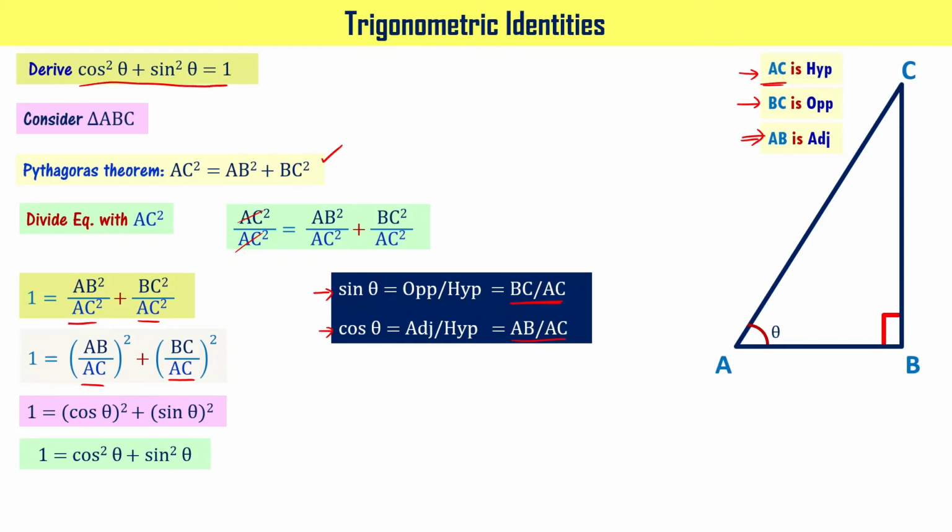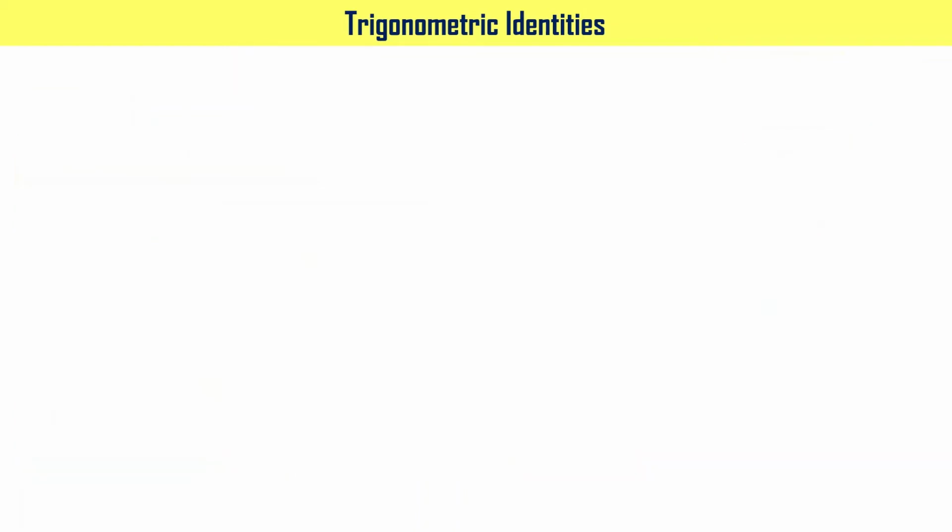Cos square theta plus sine square theta equal to 1. This particular relation holds true for all angles 0 less than or equal to theta less than or equal to 90 degrees. Meaning theta from 0 to 90 degrees, for every degree this relation holds true. Got it?